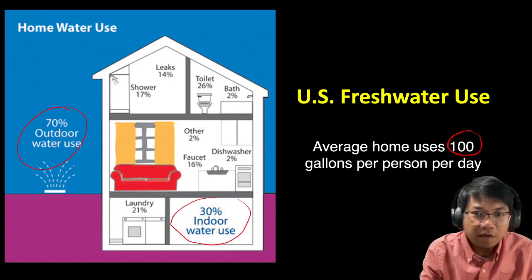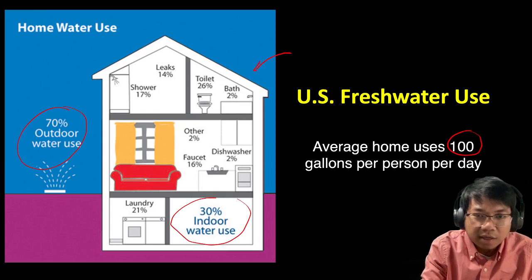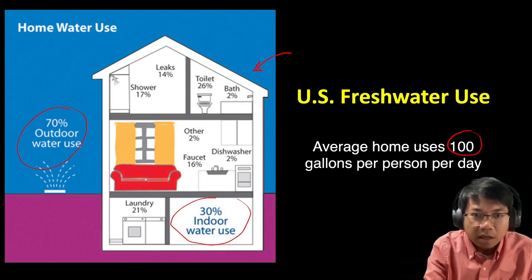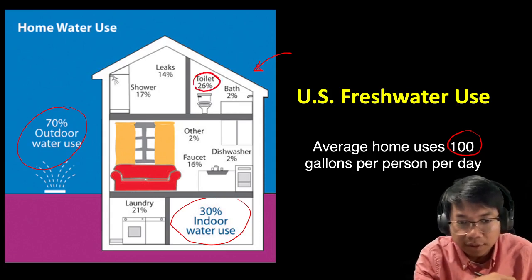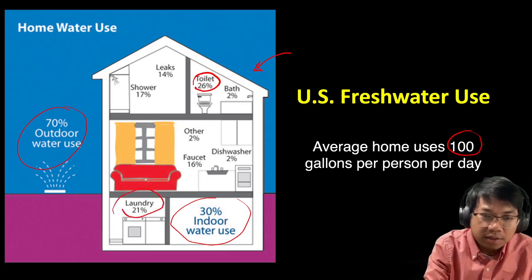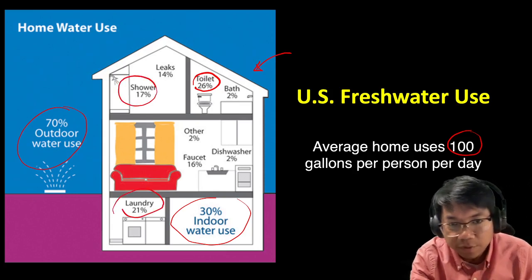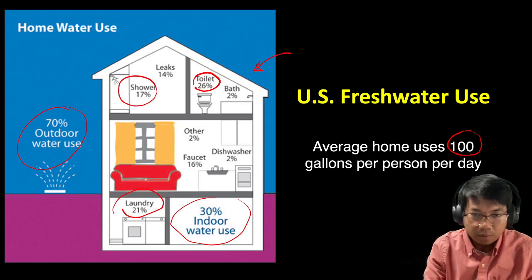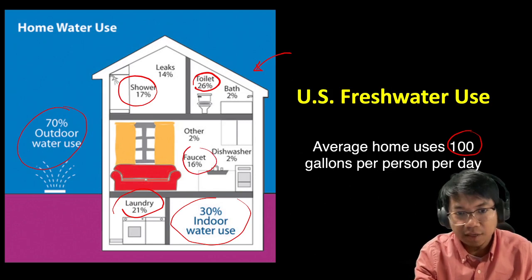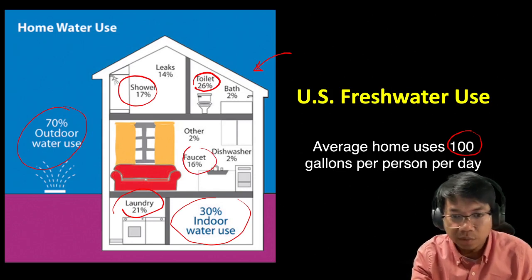And as you can see here, this is a nice illustration that tells us something about the use of water. The most is, let's see, 26% here for toilet use, and then we have laundry at 21%, and then we take a shower every day, 17% of the indoor use, and then we turn on the faucet every single day, 16% of fresh water use indoors.